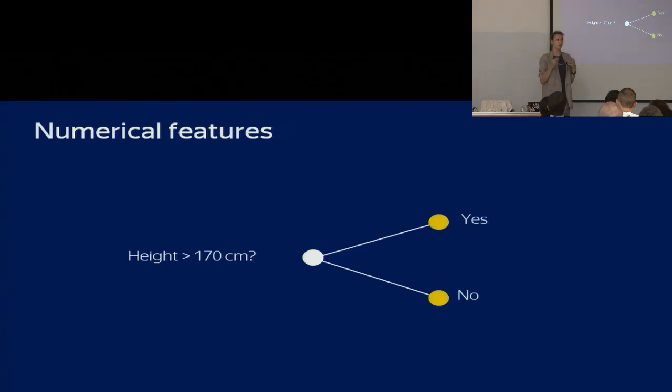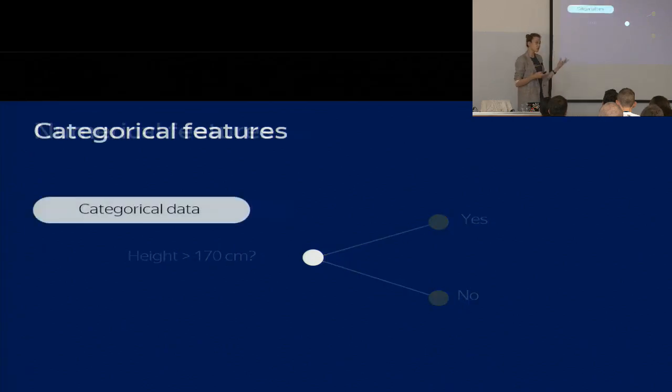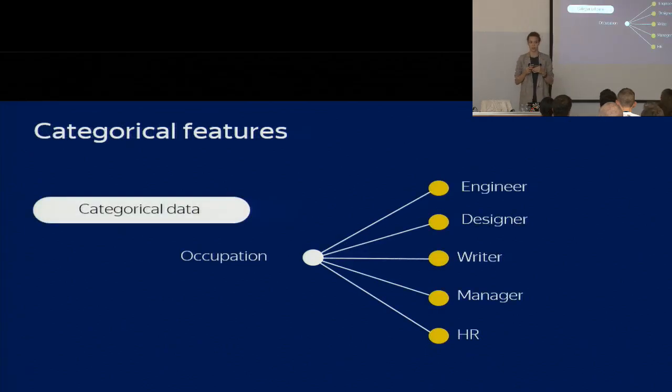The next thing is the type of data we are working with. There are different types of data. There is numerical data like height, and it is pretty clear how to use numerical data in decision trees. You have: is it greater than some number, and depending on the answer you go right or left. It is not that clear how to work with categorical data. A categorical feature is a feature having a discrete set of different values.